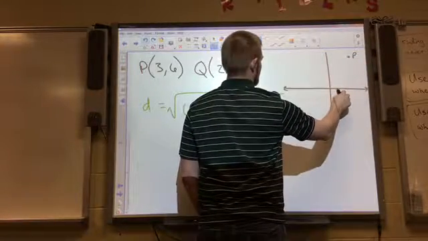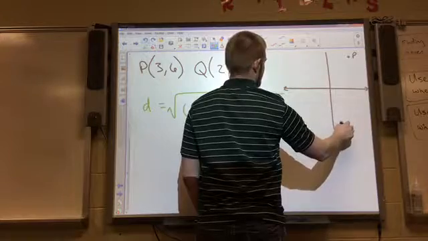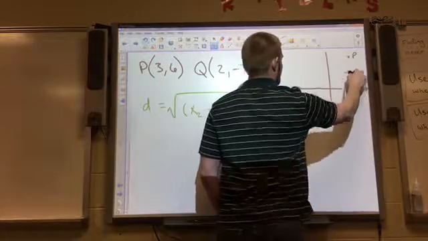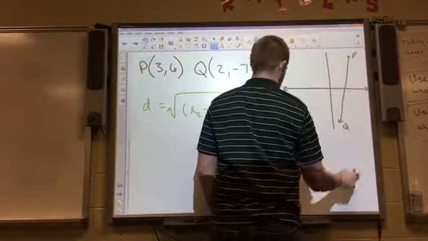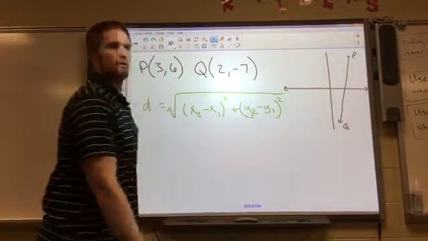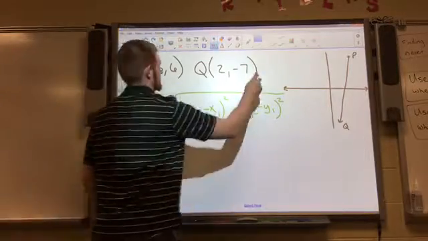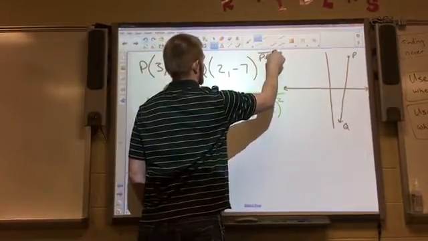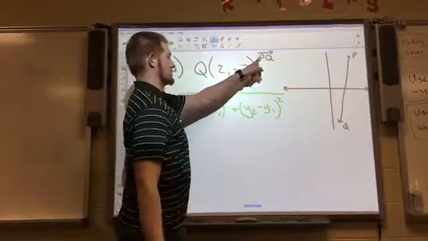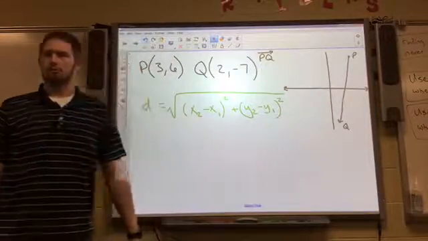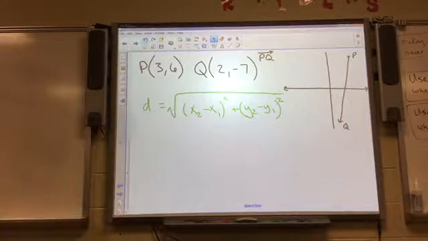And 2, -7 is going to be somewhere down here. Everybody agree with that? Your directions are going to tell you that it's vector PQ. So that tells me it starts at P, ends at Q. Your directions will say that in your book.